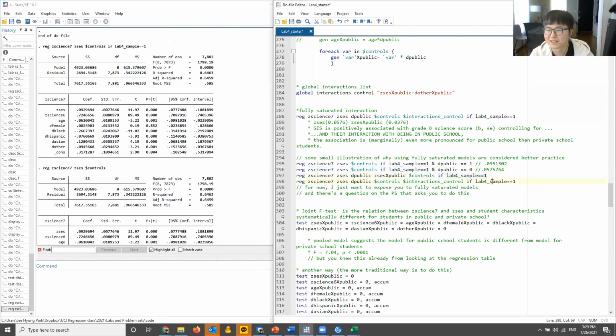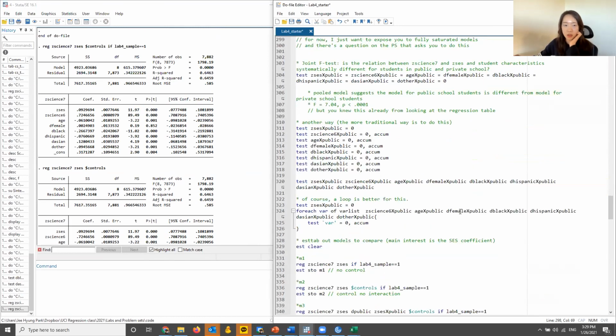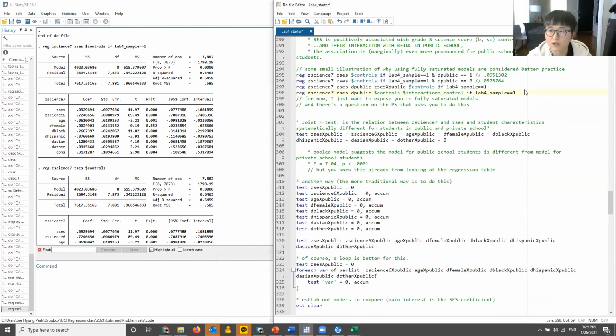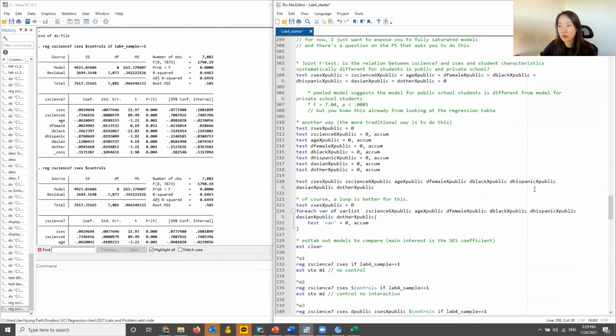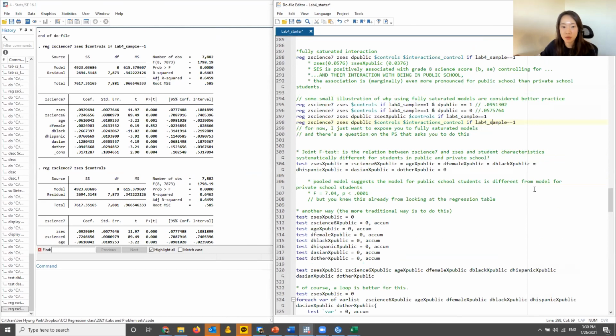All right. And one other thing: when we include all of the interaction control variables in the table, when you run the regression with all of the interaction control variables... Yeah, this one.